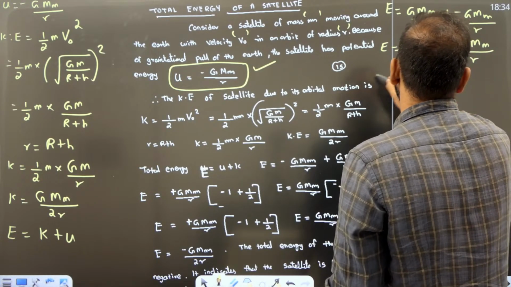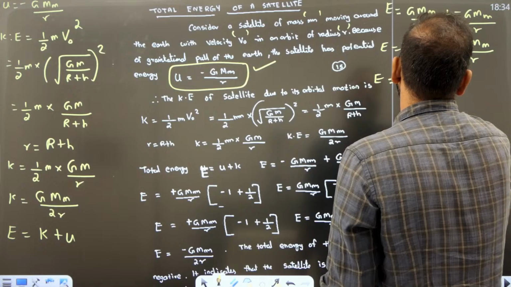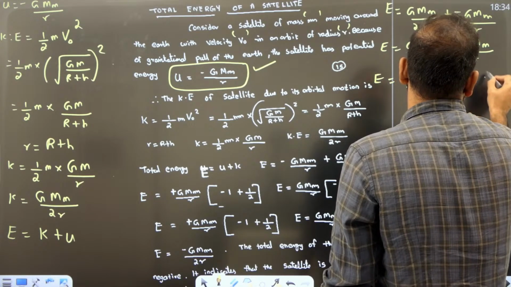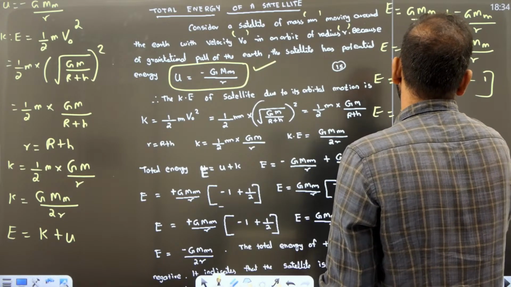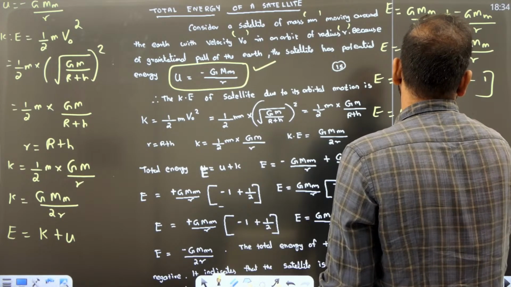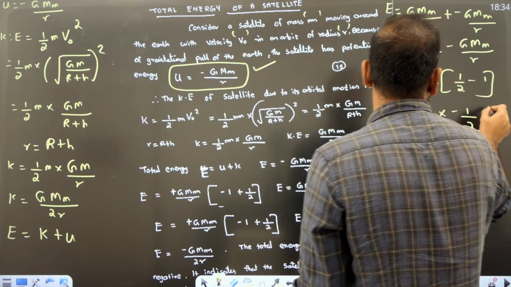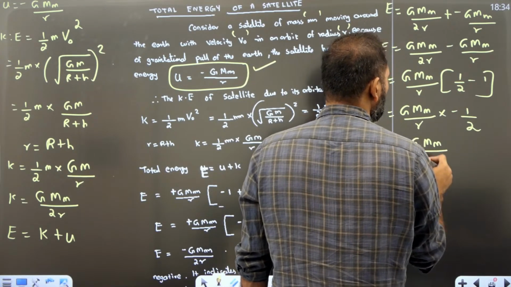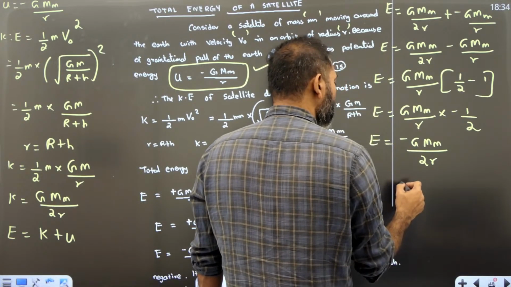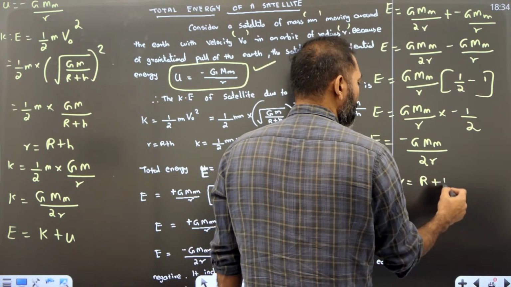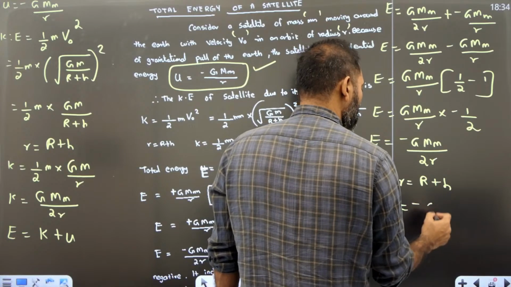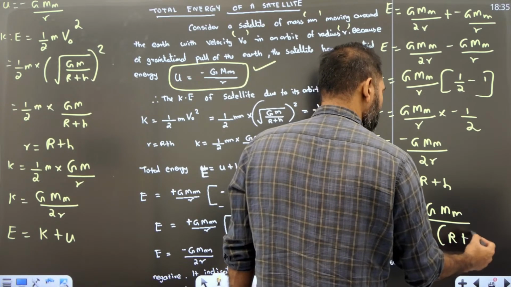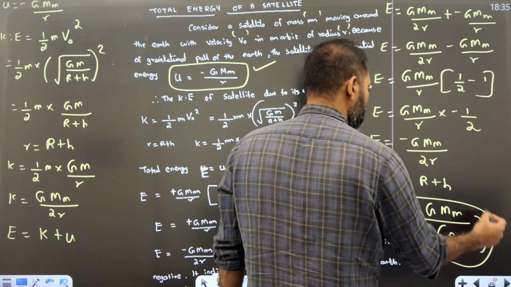E is equal to, if you take GMm by r common, GMm by r into half minus 1. Half minus 1 is minus half. So total energy is minus GMm by 2r. Or we know that r equals R plus h, so total energy is minus GMm by 2 into R plus h. Both equations are correct.